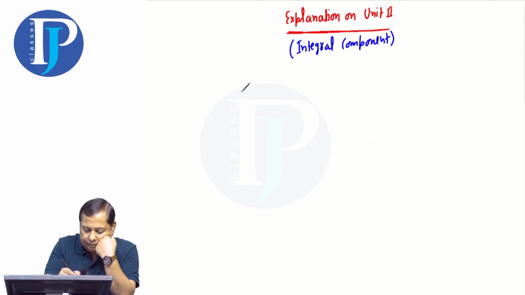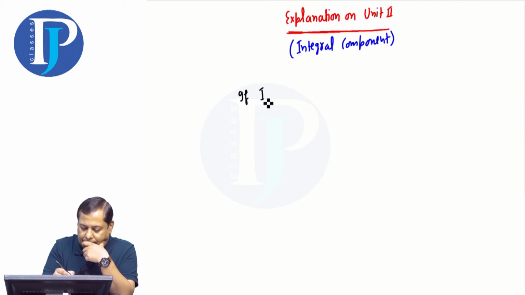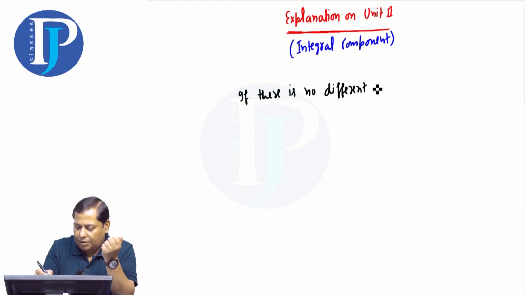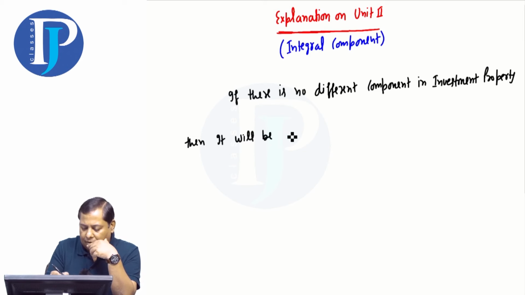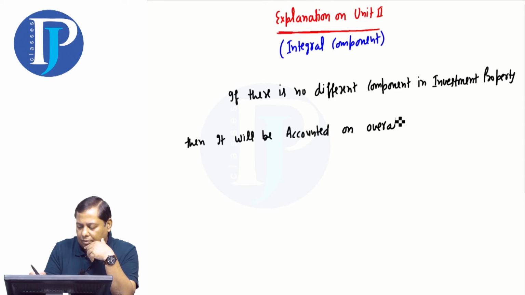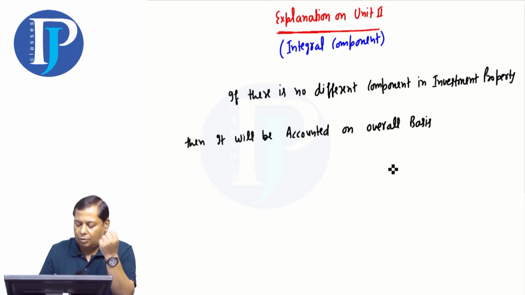Moving ahead. If there are no different components in the investment property, then it will be accounted for on an overall basis.